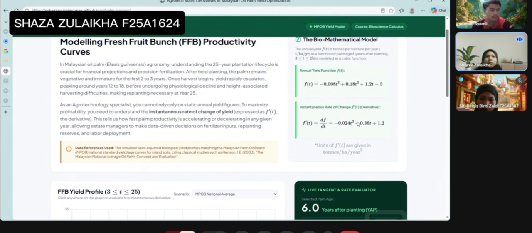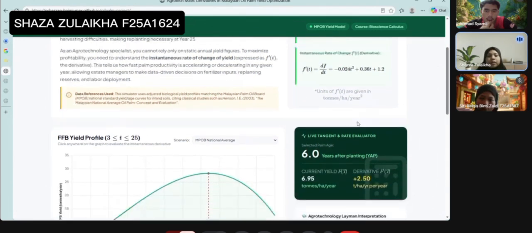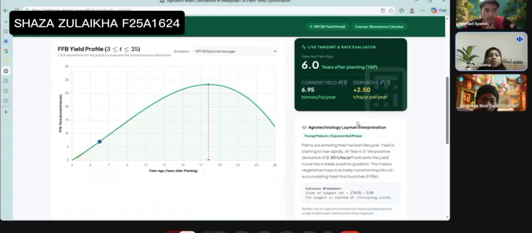This helps increase productivity, reduce unnecessary costs, and improve sustainability. In addition, our project demonstrates how calculus, specifically derivatives, can be applied in real life bioscience and agriculture situations.